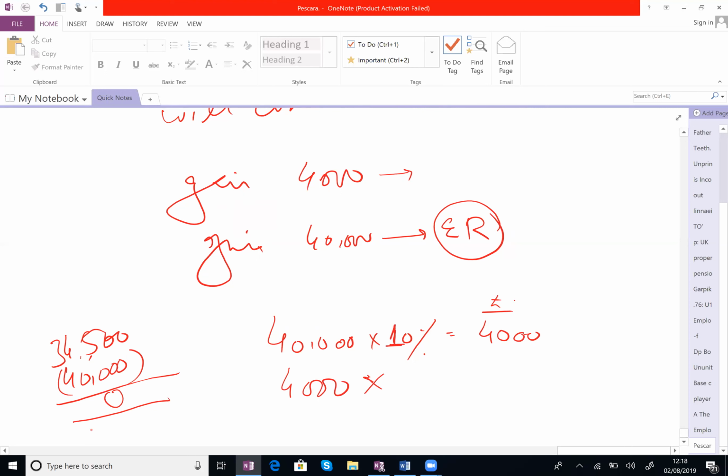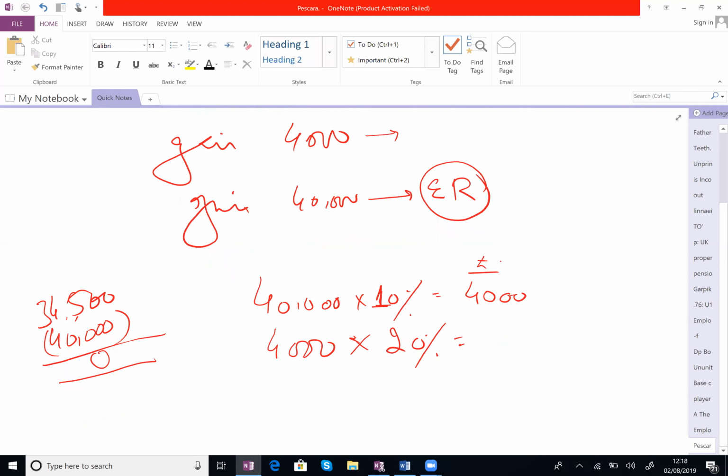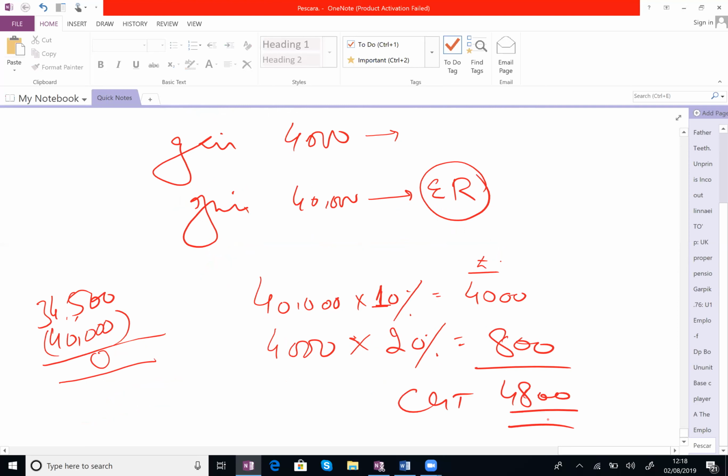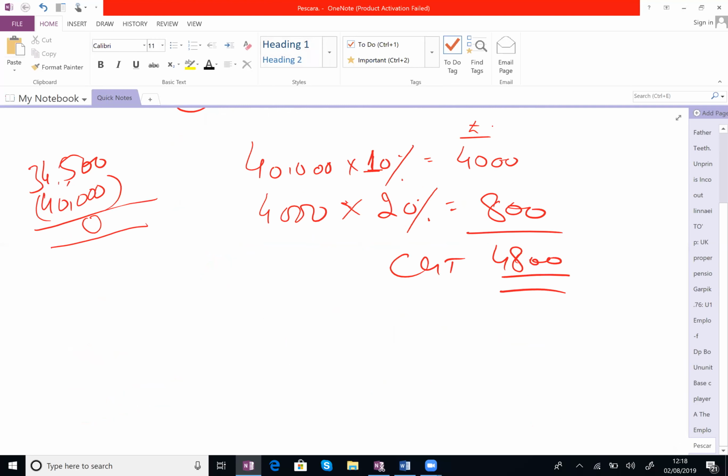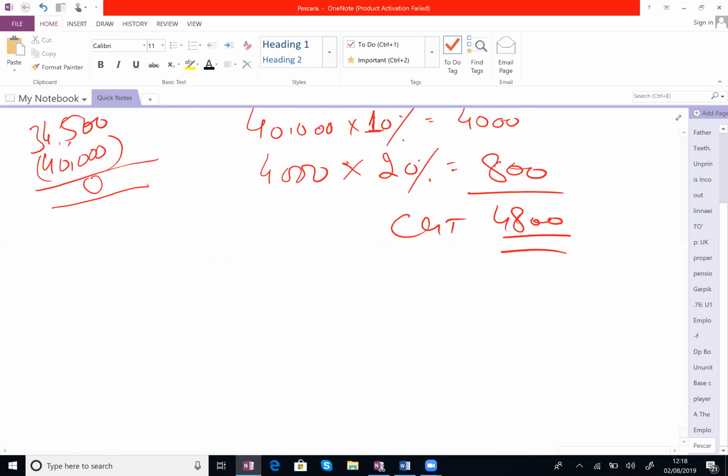Because my basic band is consumed by the entrepreneur relief gains, the higher rate of 20% applies. 4,000 into 20% is 800. Total CGT payable is 4,800.